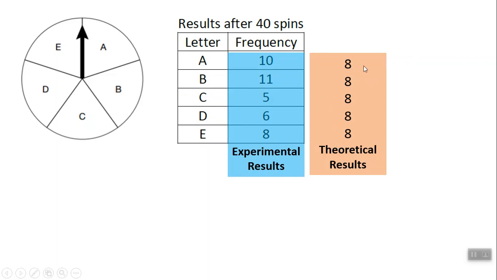So theoretically, if everything was mathematically perfect, everything would have appeared 8 times. When you spin that spinner, you have a 1 in 5 chance of getting any of these letters. So out of 40 spins, they'd all theoretically appear 8 times.